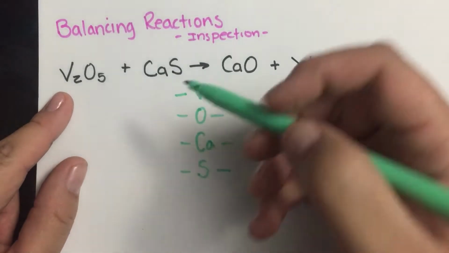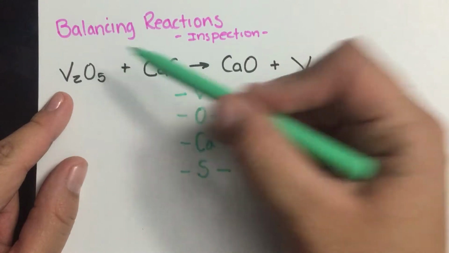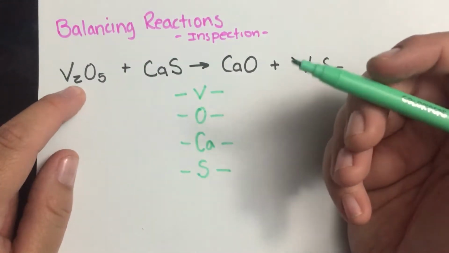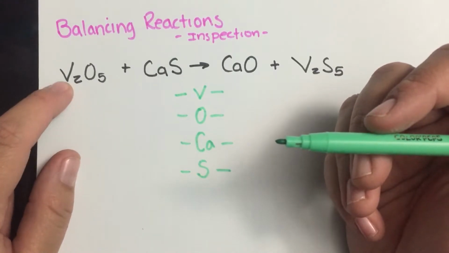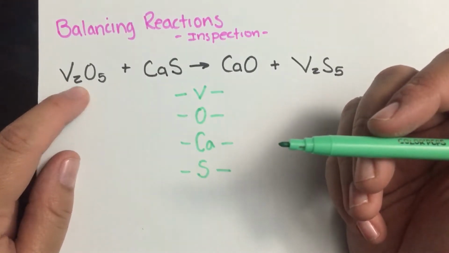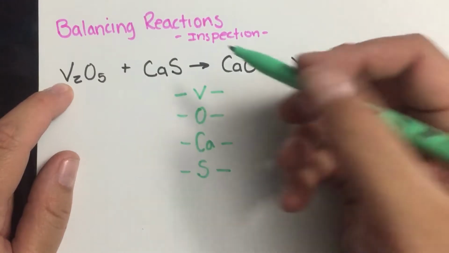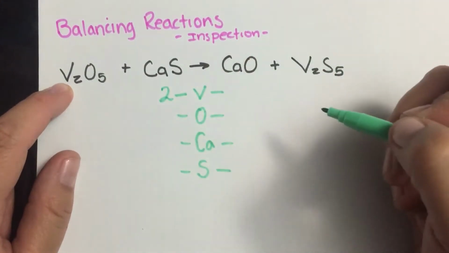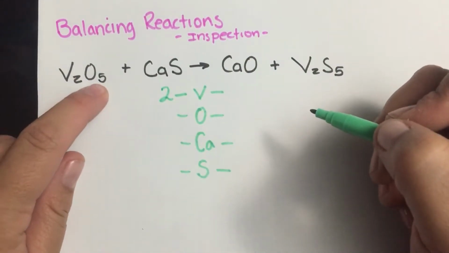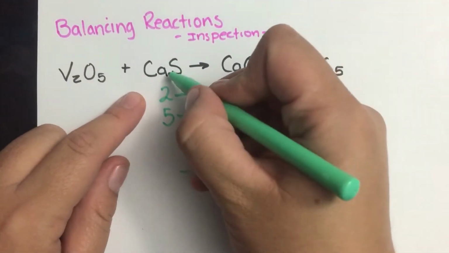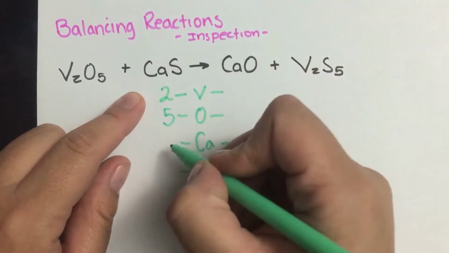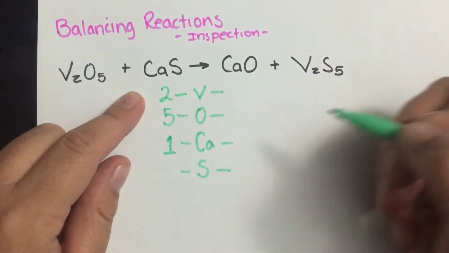So we're going to count everything we have on the reactant side. Here we have 2 vanadiums. This subscript tells us we have 2 atoms of vanadium in this molecule, so 2 vanadiums. Oxygens, we have 5. Calciums, if you don't have anything here, it means you have a 1, so 1 calcium.